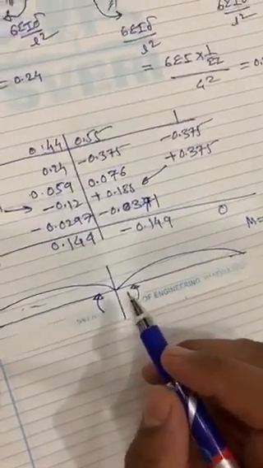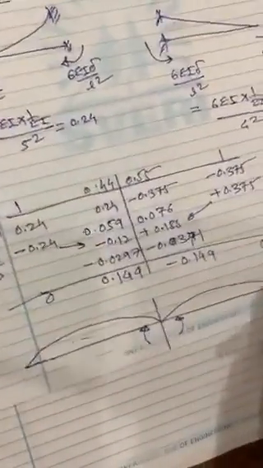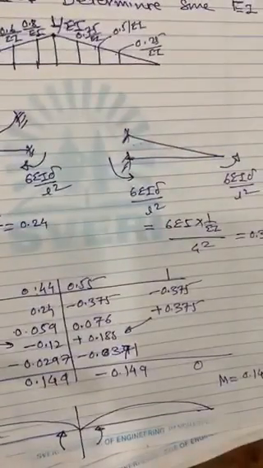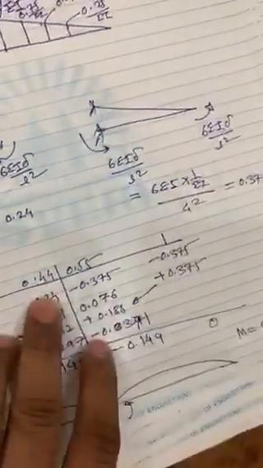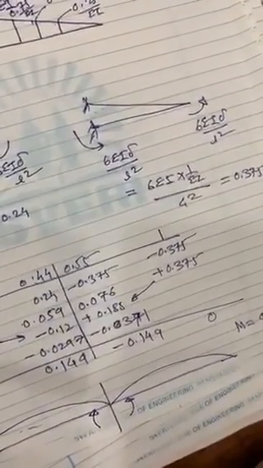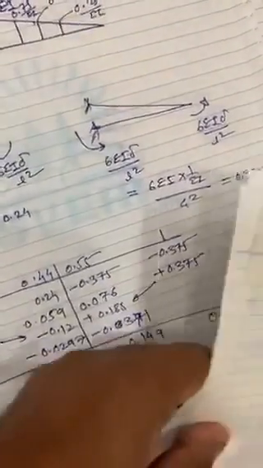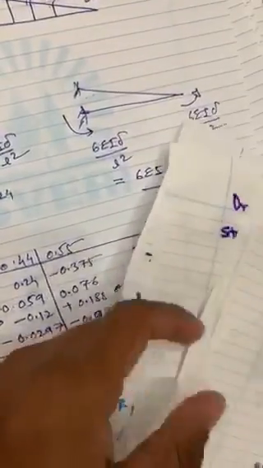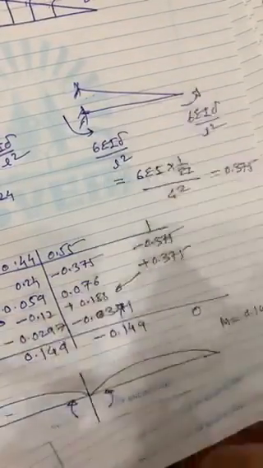If you see in the previous example, we had got the negative values. How we got negative values, you can see in the moment distribution.